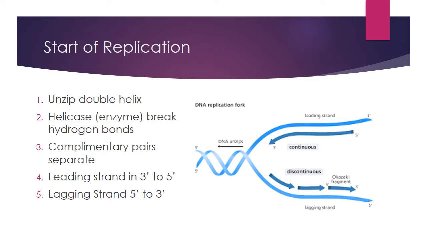Then the enzyme helicase breaks the hydrogen bonds, and this causes the complementary pairs to separate. And now this leaves us with a leading strand, which is continuous, and also a lagging strand, which is discontinuous.